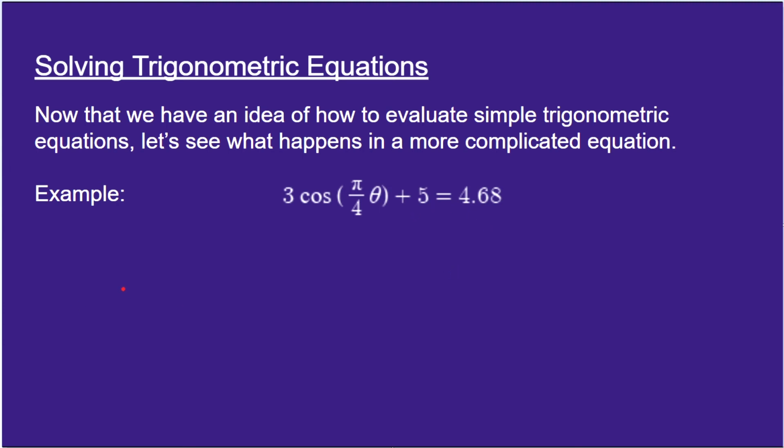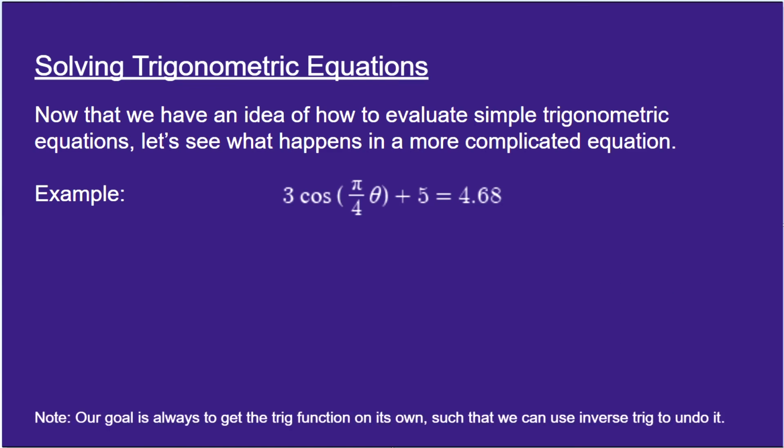Now, I want y'all to take note here. Our goal when we're solving these trig equations is always to get the trig function on its own. That way we can just do the inverse trig and it will function the same as we saw just before. So it's not too crazy. I'm going to view cosine as a single entity, and everything within it is contained within that box.